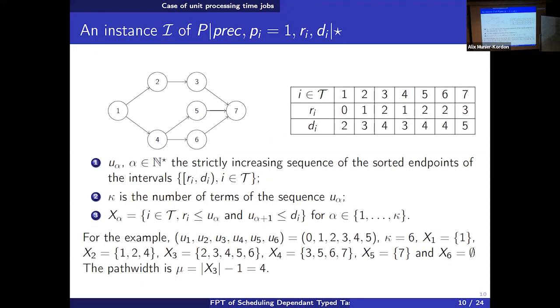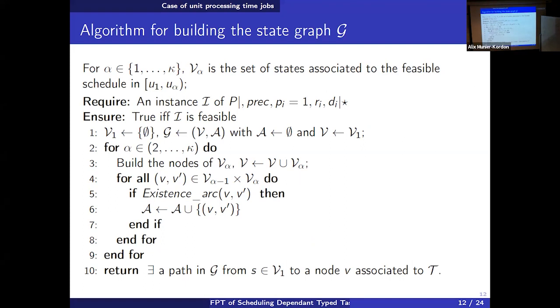Okay, so the algorithm simply puts at the beginning the empty set in V1, corresponding to S, in fact. At the beginning, the edges of the state graph are empty, and the only node of the state graph is the node corresponding to the empty set. And then for every value alpha, I will build all the possible nodes.